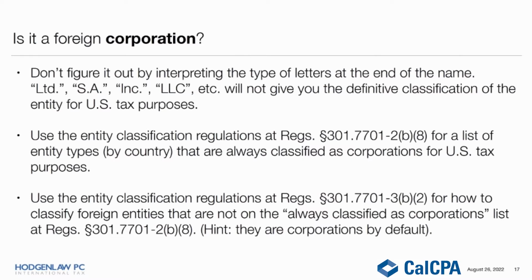Let me just say that I might have seen this once in the last couple of years of tax filings, where we had a foreign LLC that the tax preparer just assumed was a partnership, filed as such a foreign partnership for years and years without benefit of a check-the-box election.